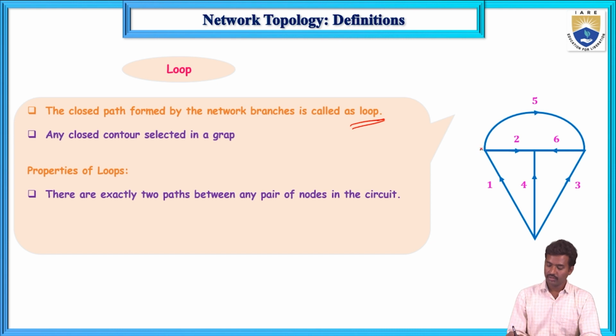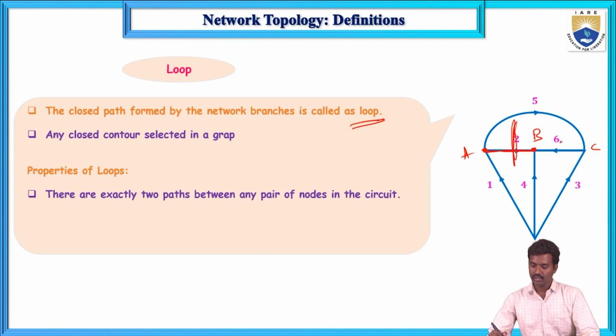So between any 2 nodes, here A and B, C and D, there are exactly 2 paths, 2 loops here. So in between these 2, and between B and C, these 2, and between A and C, this one.